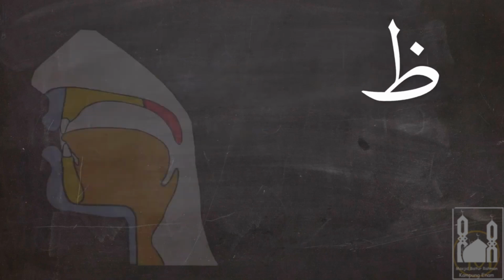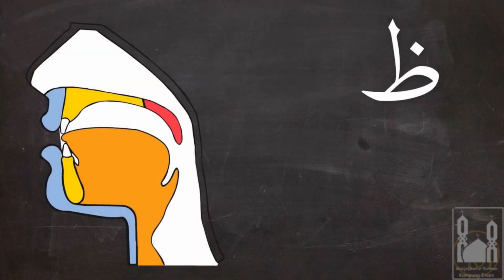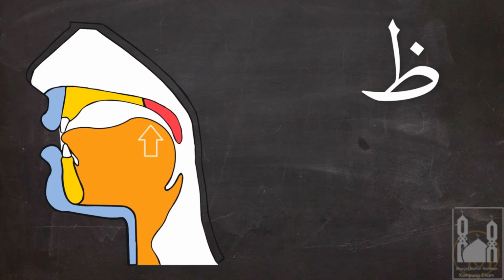In other words, to pronounce Dha, you will pronounce Dhal as full mouth, which means you will raise the back of the tongue to create that full, heavy sound. So, to recap on how to pronounce Dha properly. 1. Tip of the tongue is touching the tip of the upper front teeth. And 2. The vocal cords are vibrating. And 3. The back of the tongue is raised, producing that heavy sound.